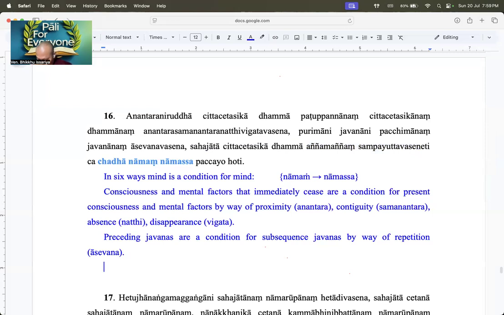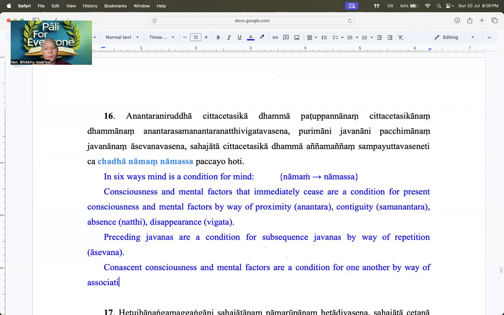So cognizant consciousness and mental factor are conditions for one another. So one another means cognizant consciousness and mental factor, by way of association. So that is sampayutta.